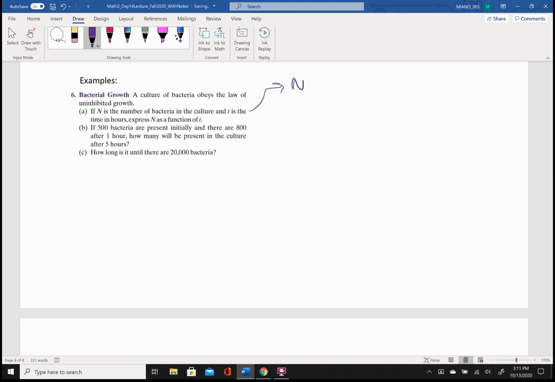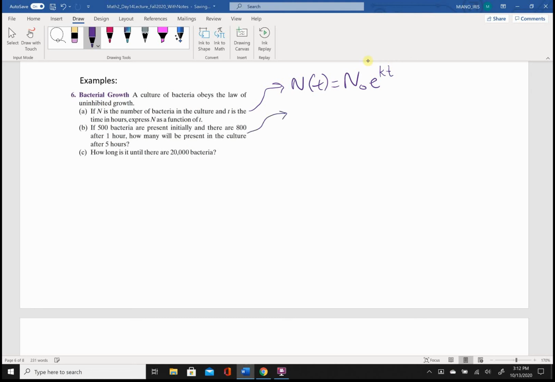This is going to be N of T is equal to N naught, which is our initial population of bacteria, multiplied by e to the KT, where K is our growth rate, and it's going to be some positive number. If 500 bacteria are present, I'm on part B now, initially, and there are 800 after 1 hour, how many will be present in the culture after 5 hours? Ooh, this is a multi-part problem right here.